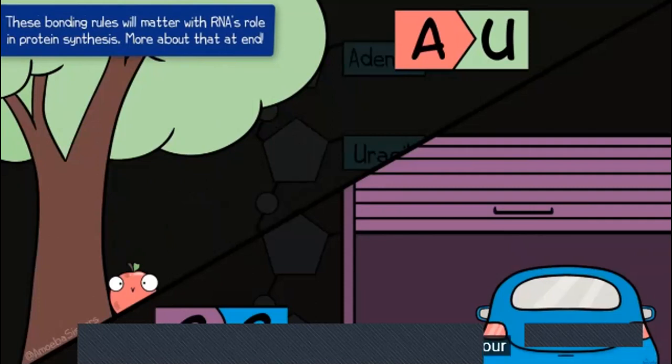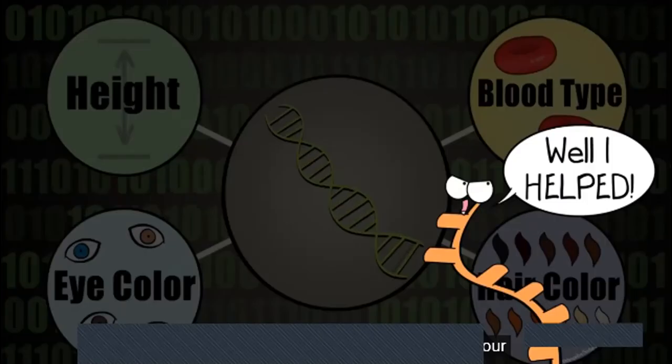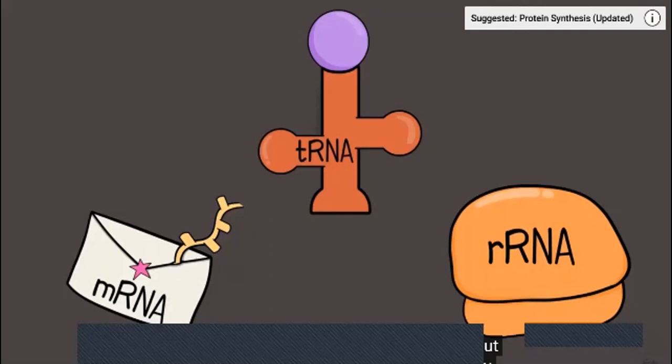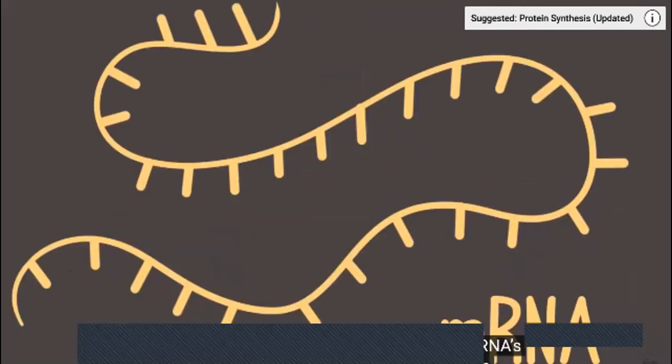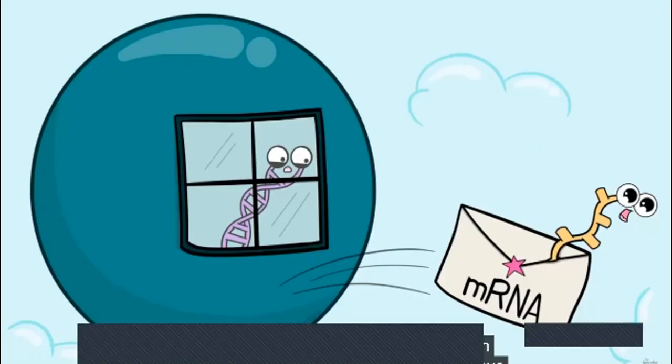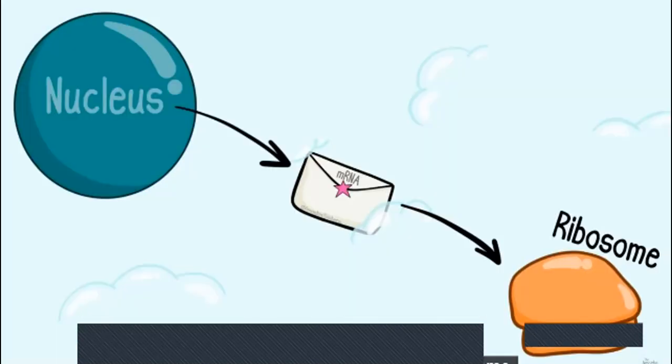We mentioned earlier that DNA codes for your traits, but it couldn't do that without RNA's help. In our protein synthesis video, we talk about 3 different types of RNA, and their very important roles. mRNA, which stands for messenger RNA. mRNA's job is to carry a message based off of the DNA. In eukaryotic cells, DNA generally stays in the nucleus, but mRNA has the ability to leave the nucleus to take the message to a ribosome.